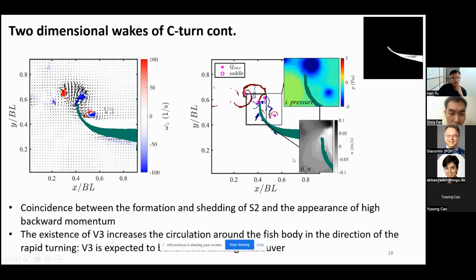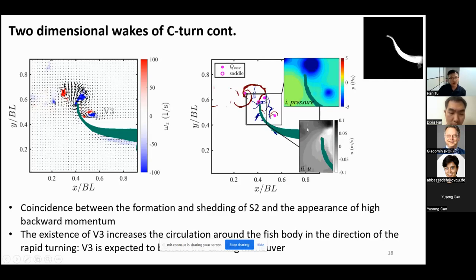We also reconstruct the pressure distribution near the fin from the velocity field data. This low pressure here is the vortex V2, and there's another low pressure region here on the concave side of the bending shape. In fact, it is V3. V3 is hiding here. We didn't see V3 in previous slides because of the shadow here, and the existence of V3 increases the circulation around the fish body in the direction of the rapid turning.